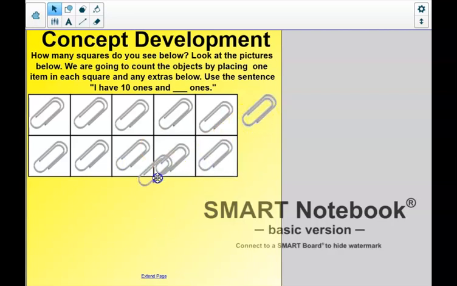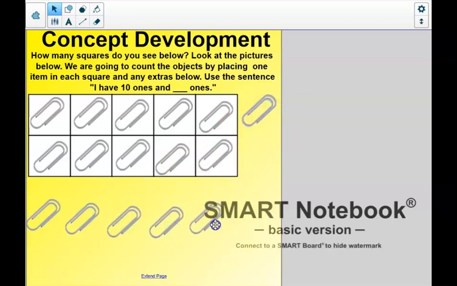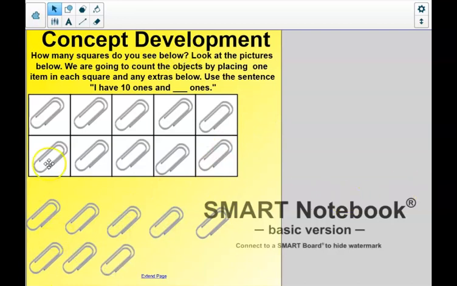Are there any more spots in this 10 frame? No. Wow, they gave us a lot of paper clips. So let's focus right up here on this 10 frame.